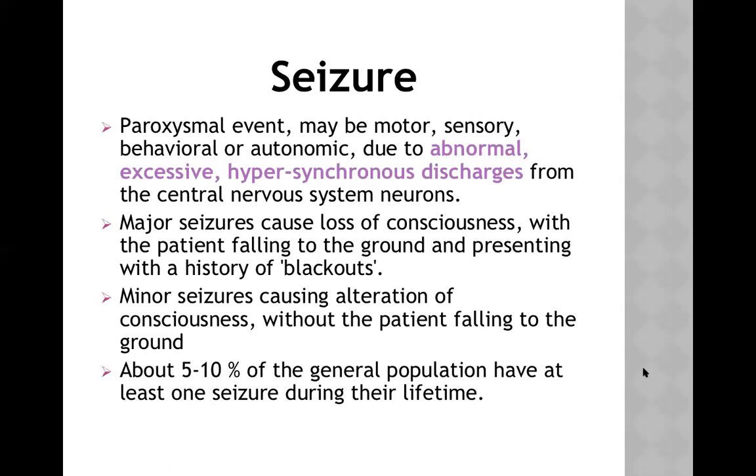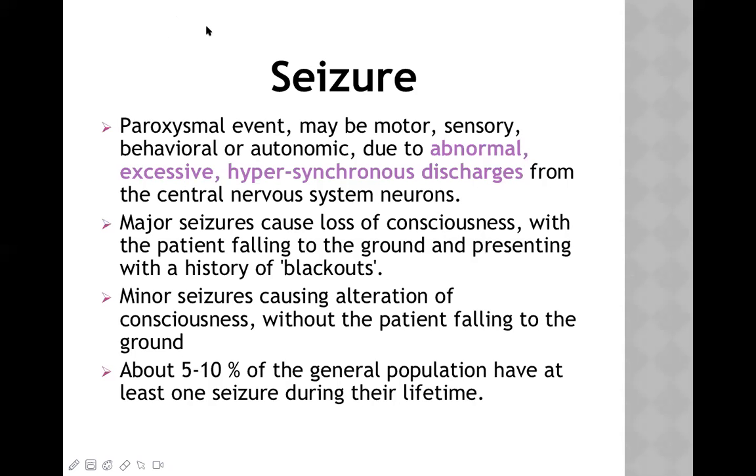Let's start. Now, seizure is a paroxysmal event which may be motor, sensory, behavioral, or autonomic, and it occurs due to abnormal, excessive, hypersynchronous discharges from the central nervous system neuron.